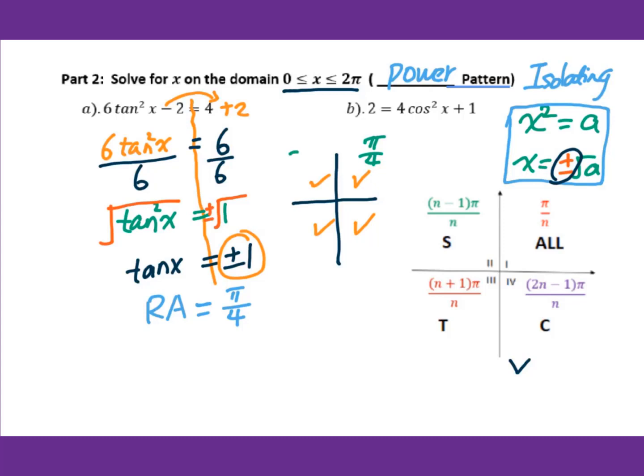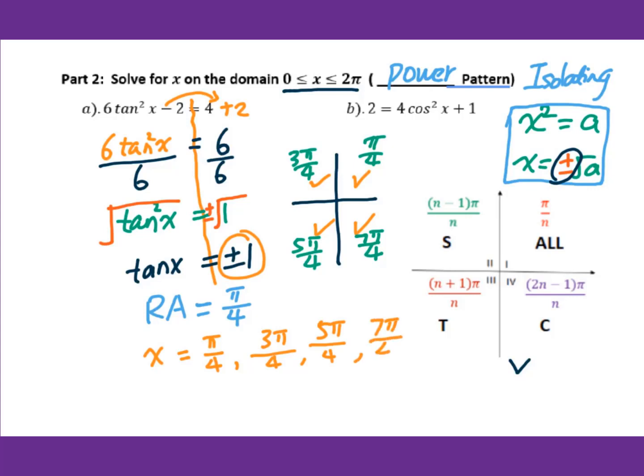For the other quadrants, that's 3 pi over 4, 5 pi over 4, and 7 pi over 4. Therefore, x equals pi over 4, 3 pi over 4, 5 pi over 4, and 7 pi over 4. This will be the solution.